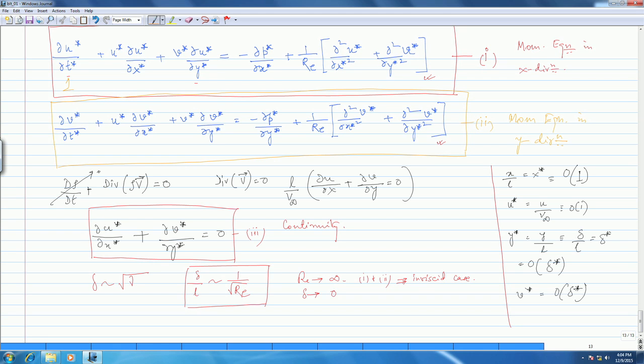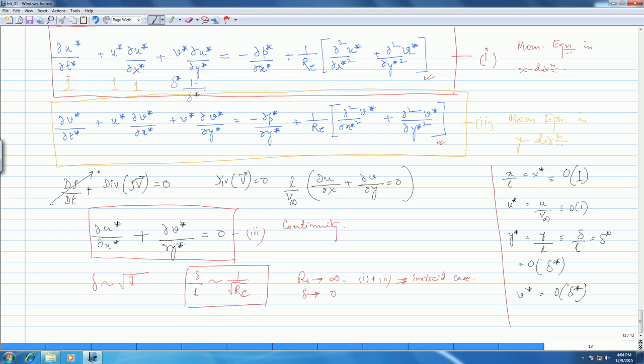Del u star is also 1. Now v star is of the order delta star, del u star is order 1, and y star is order delta star.